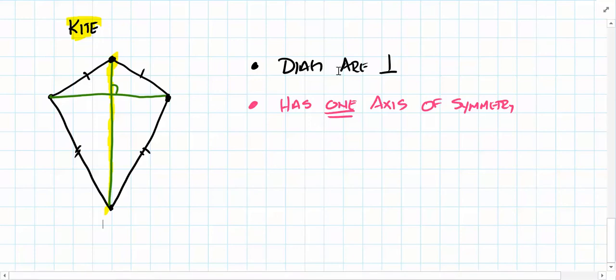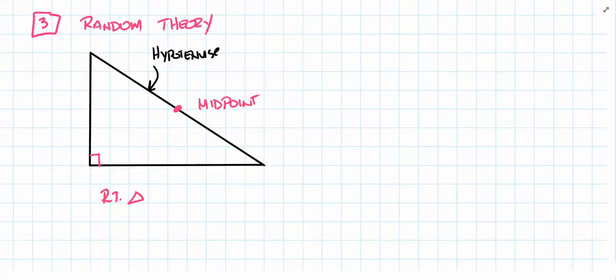So here's the setup for this theorem in the book. If you're given a right triangle, like the one you see here on the board, and you take the midpoint of the hypotenuse, the hypotenuse being the longest side, the midpoint of the hypotenuse of a right triangle is equal distance from all three vertices. Here's what I mean by that.